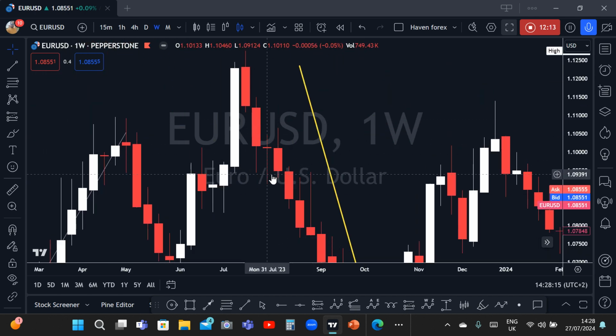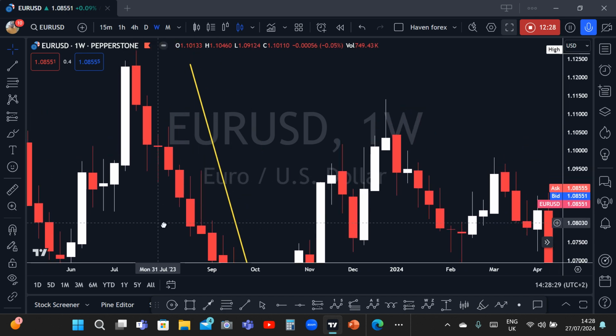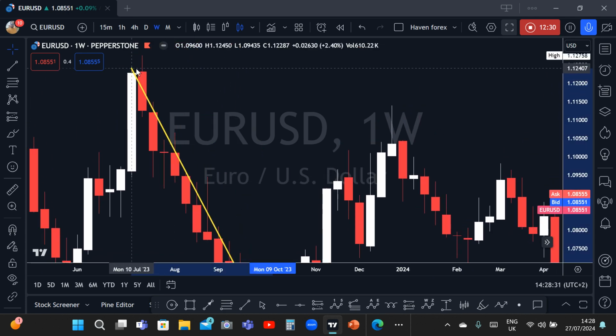So by the time you increase your lot size because of the appetite for risk, and you see all this kind of drawdown, you go crazy. So guys, let's know what we are doing, and we should not just increase our lot sizes anyhow.